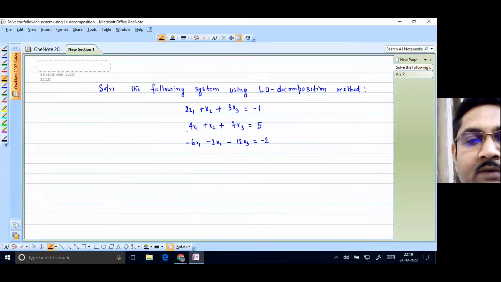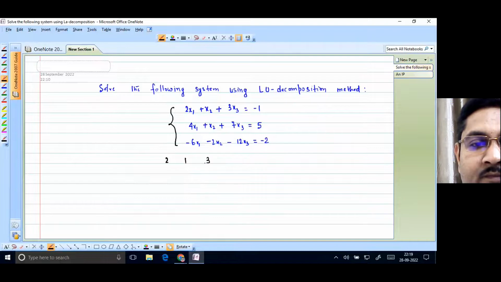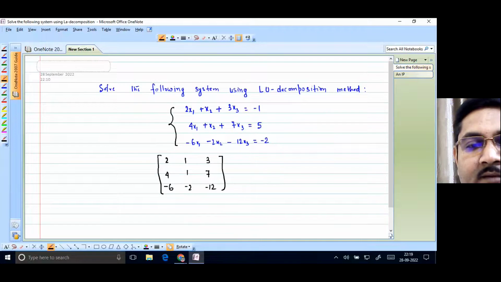First of all, I will write my system in the form of AX equal to B. So the system can be written as, first I write the coefficient matrix 2, 1, 3, 4, 1, 7, minus 6, minus 2, minus 12. And X is my x1, x2, x3.